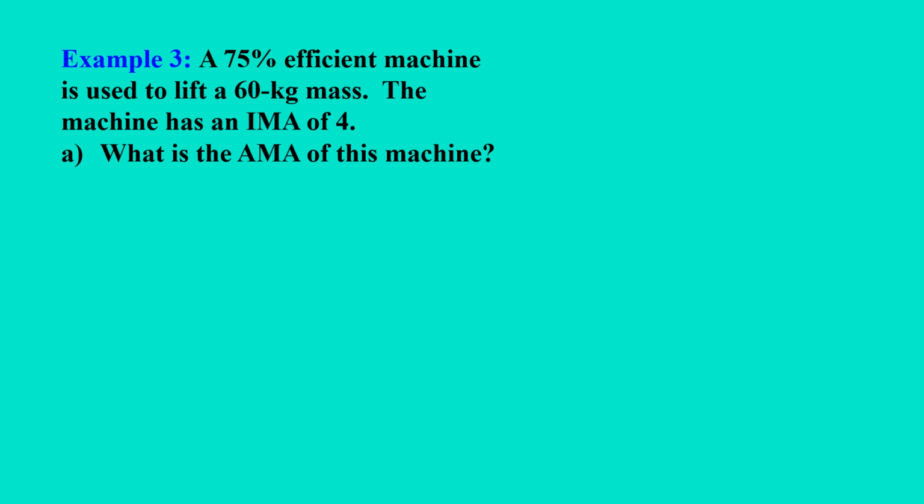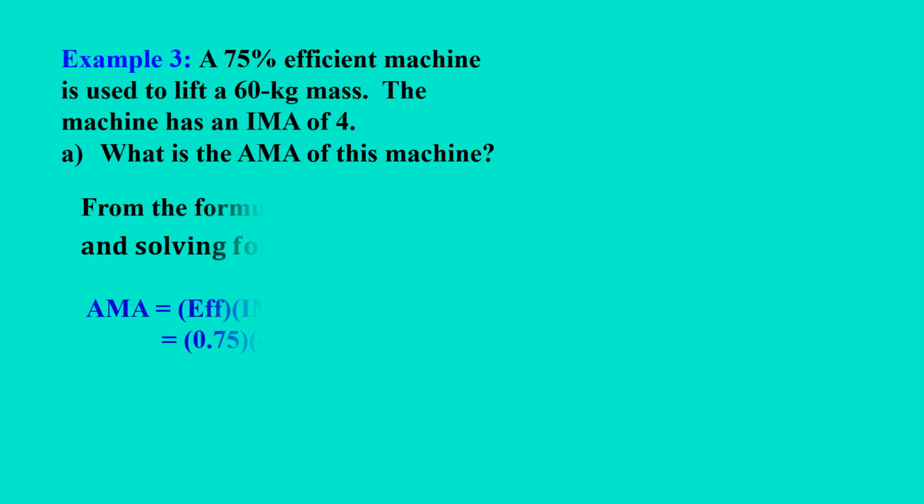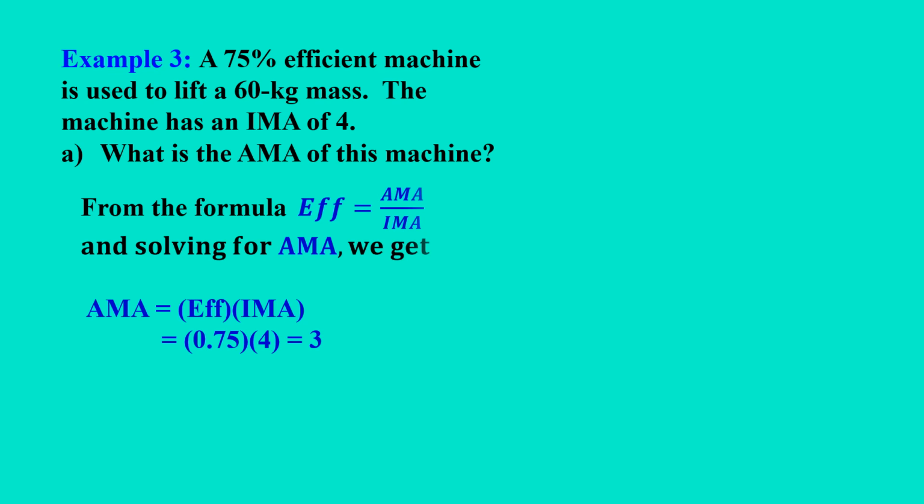Example number 3. A 75% efficient machine is used to lift a 60 kilogram mass. The machine has an ideal mechanical advantage of 4. What is the actual mechanical advantage of this machine? From the formula, efficiency equals AMA over IMA.